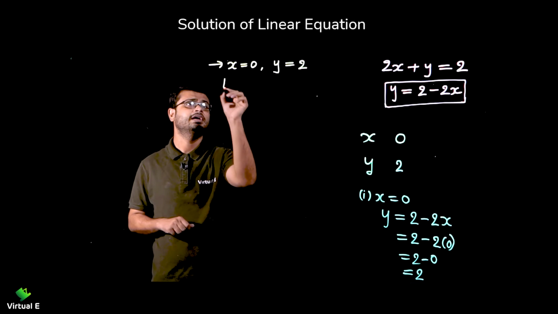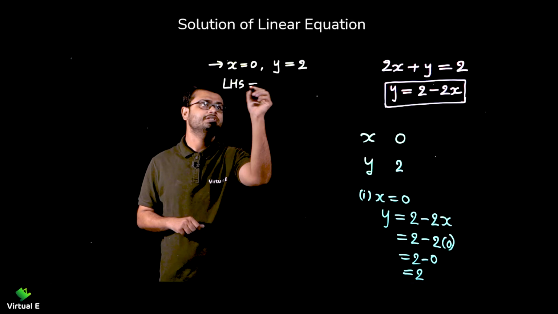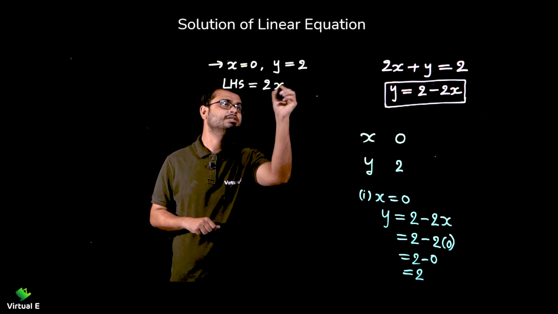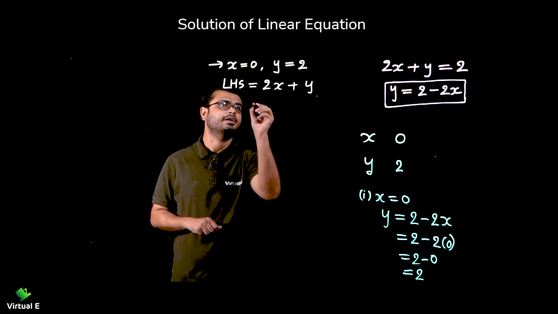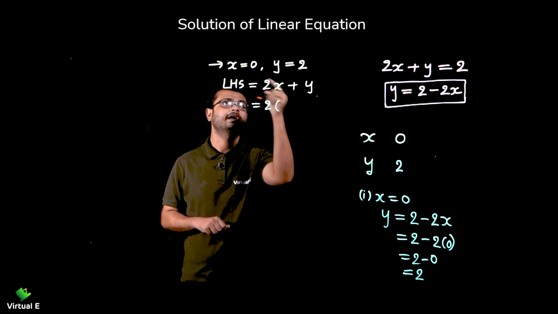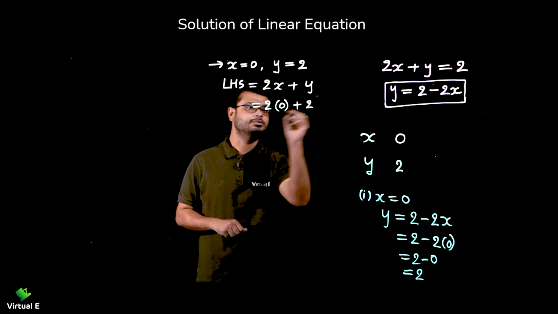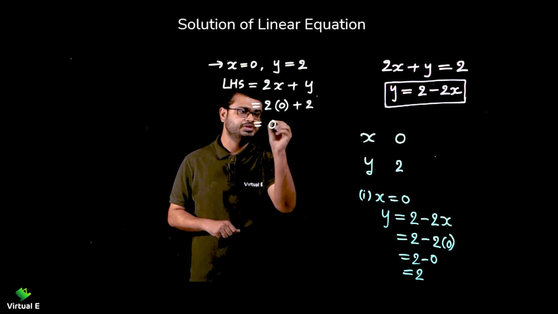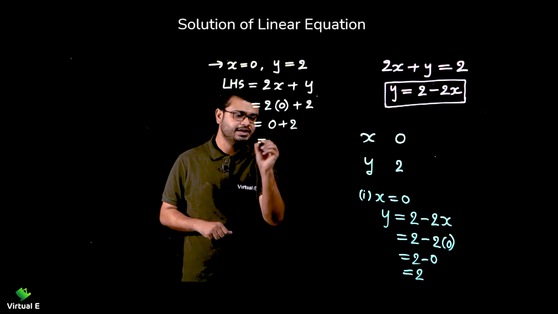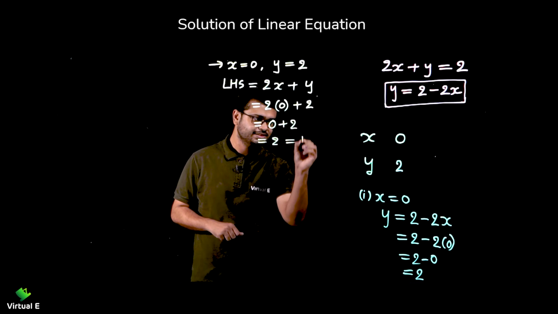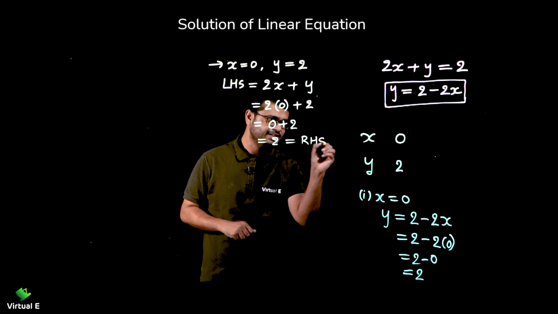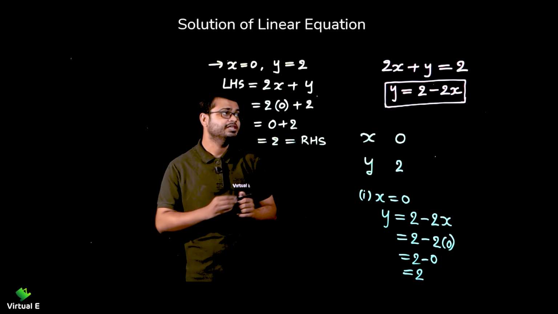Let's start with the LHS. The LHS of the equation is 2x plus y. So 2 here, x is 0, y is 2. So it will be 0 plus 2. The final answer is 2, and that is the RHS. So it's verified.